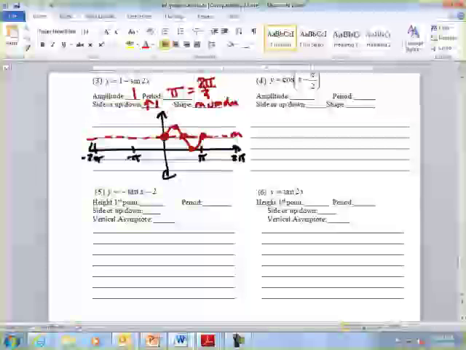So that means that we're going to need 4 cycles. This graph should look exactly like number 1, just bumped up 1 spot. They had the same period, they had the same amplitude, they were both sines. We just have that shift up of 1 spot.